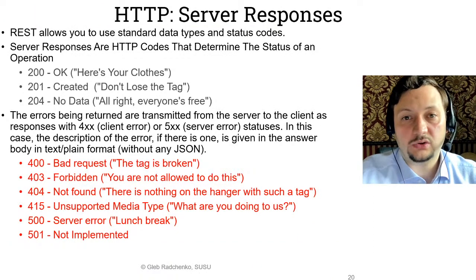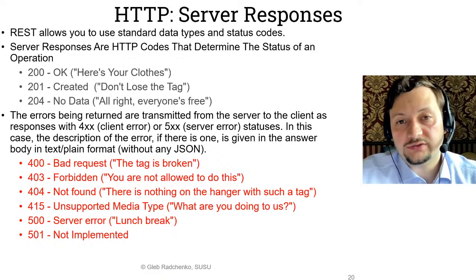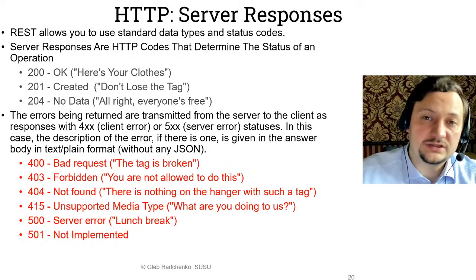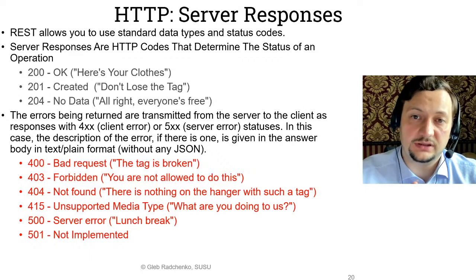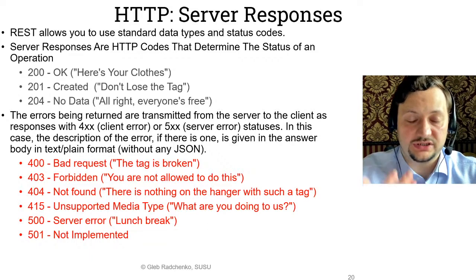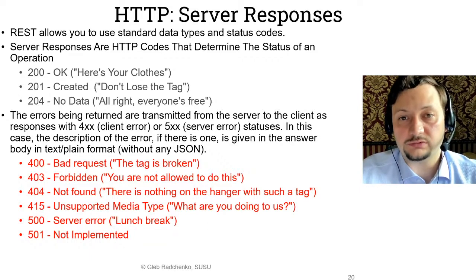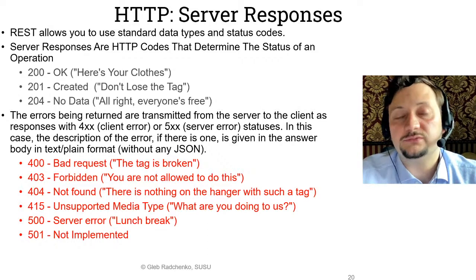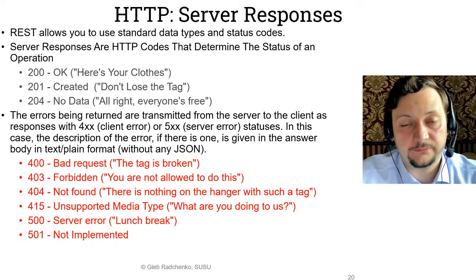So when we send the request to the server and the server processes this request, with the response, the server should return a standard HTTP response. There is a set of standard HTTP responses that are available for us, and they're very useful to make the client understand what happened on the server side.